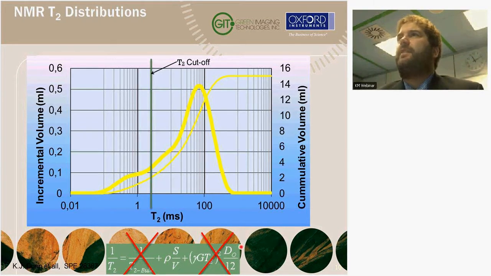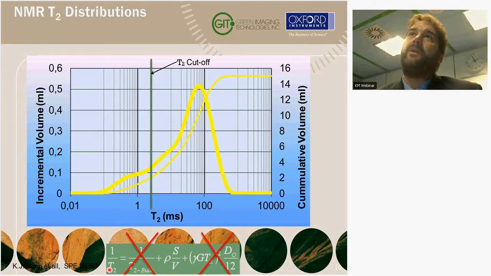It also depends on a third term, which depends on diffusion, which is the mobility of that molecule, and an experimental parameter TE. I won't really describe what that is, but suffice it to say we can make it short so that we can ignore this term. The bulk fluid T2 is typically long, so this term dominates in this expression, which is of course what we want.